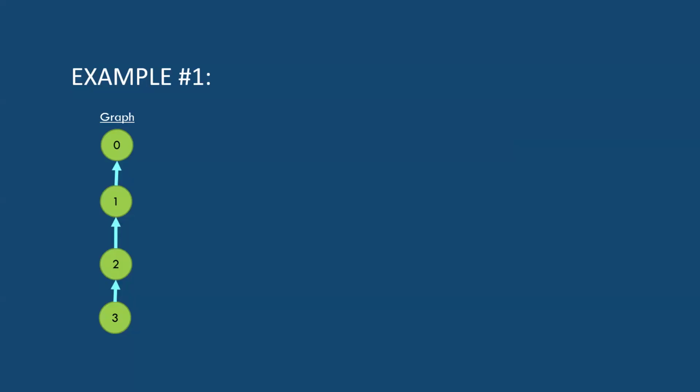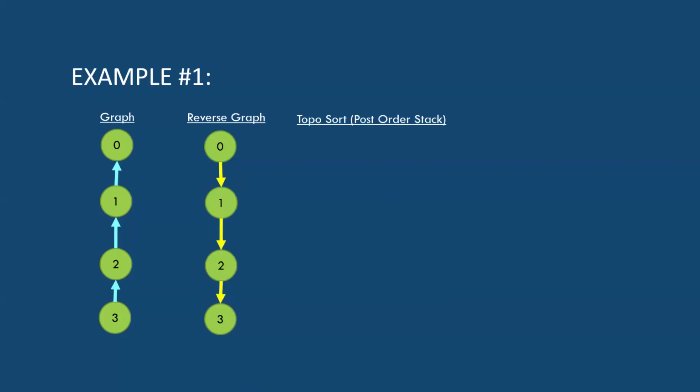So here's a pretty easy graph. This graph has 1, 2, 3, 4 strongly connected components because nobody can really visit anybody and get back home again, okay? So it's kind of a one-way path from island to island to island. So let's apply our algorithm to that. We reverse the graph, okay? We do a topological sort.